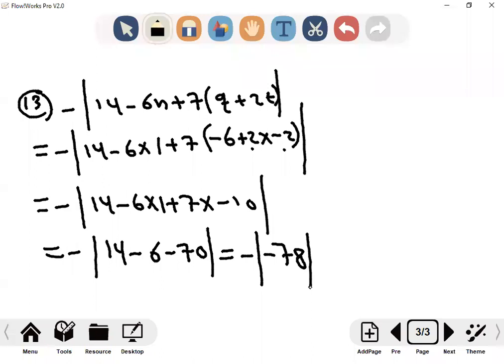Again, 14 minus 6 is 8, 8 minus 70 is minus 62. It will be minus the absolute value of minus 62, which is minus 62 at the end. Correct like this? This is question 13.